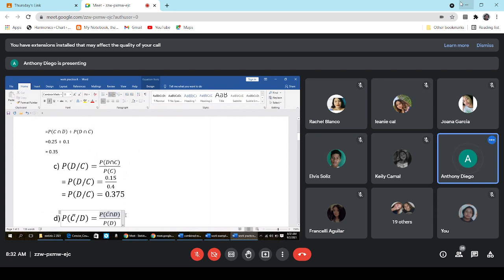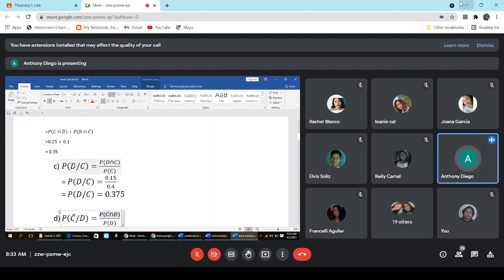So here we said that the person does not own a cat, given that the person owns a dog. This is the condition here. So that would be the probability of C complement intersecting D over the probability of D. The formula is quite simple.